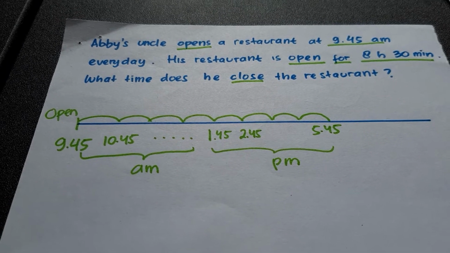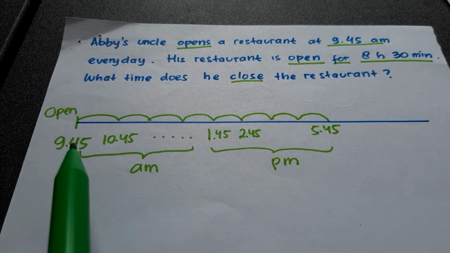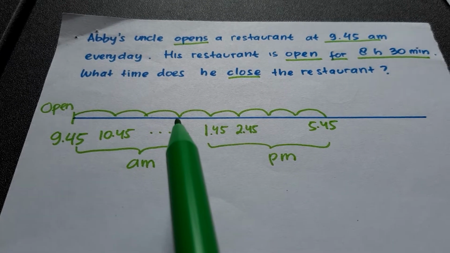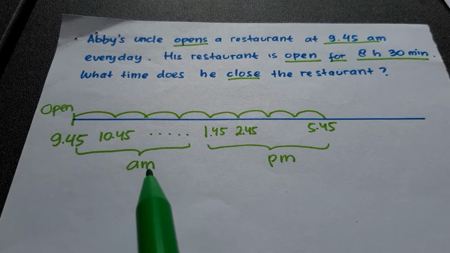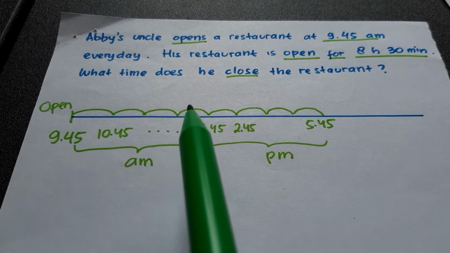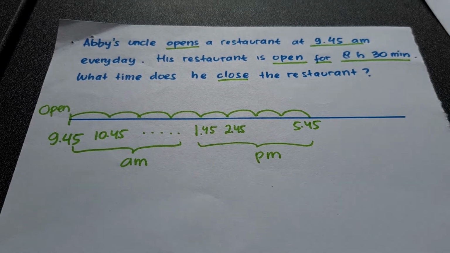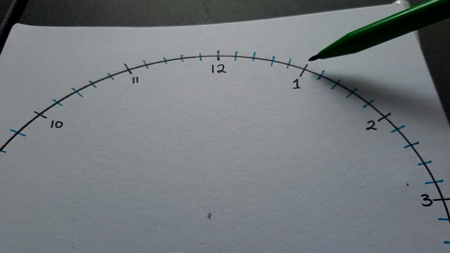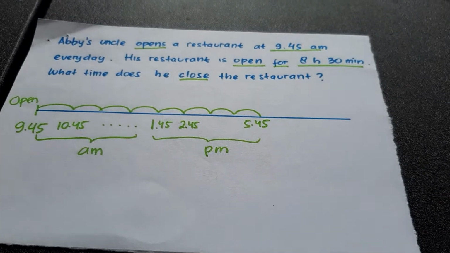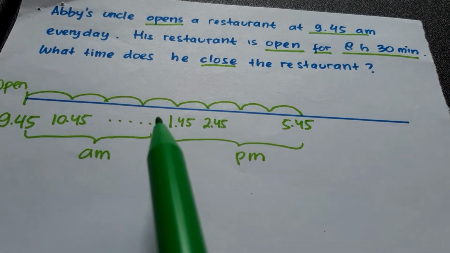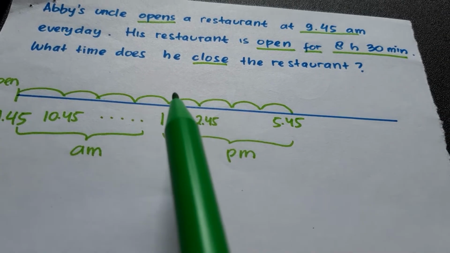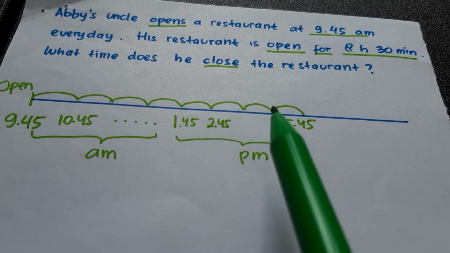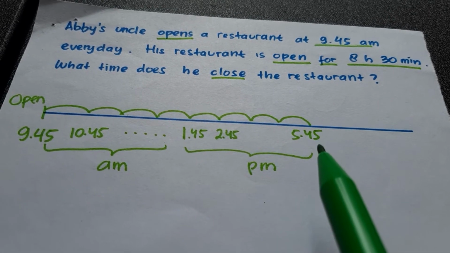So from 9:45 plus 1 hour, 10:45, 11:45, 12:45. This is the AM. After 12 is 1, just like in the clock over here. So if we go back to the question, after 12:45, 1:45, 2:45, 3:45, 4:45, and 5:45.